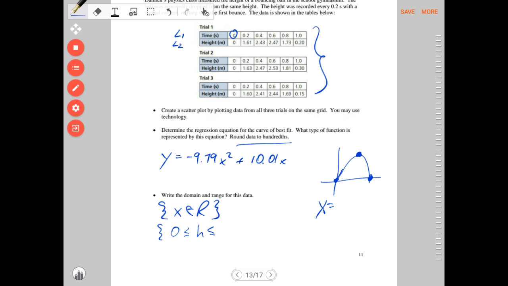Once you hit statistics, scroll over twice to EQ, and you notice the first one there is reg EQ. That's the regression equation. If you hit enter on that, it populates this equation into y1, and not just that equation, all the decimals with that equation, so very, very accurate.